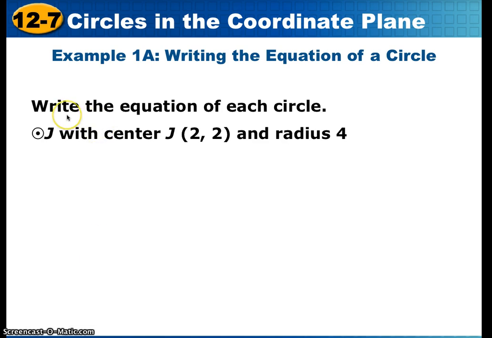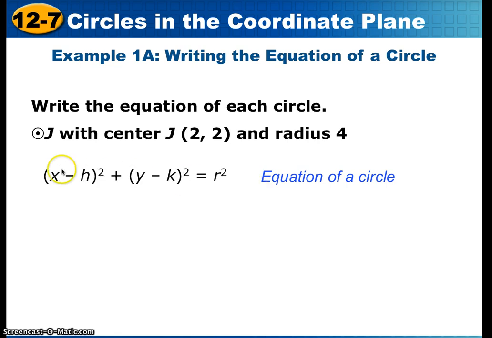All right, so let's see if we can write an equation for a circle. Let's write an equation for circle J that has a center of 2, 2 and a radius of 4. We're going to take our equation of a circle, which is this, and plug into it.